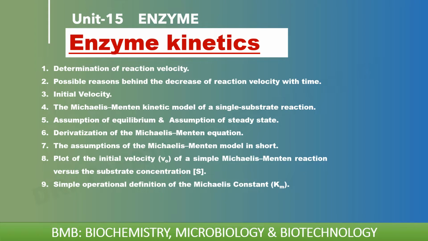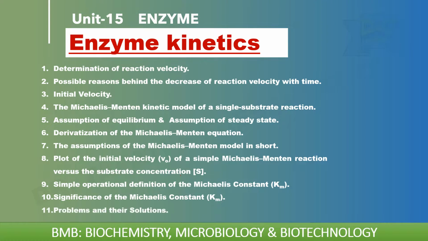Simple operational definition of the Michaelis constant, that is Km. Significance of the Michaelis constant. And then I'm going to solve a few numerical problems associated with the Michaelis-Menten equation.